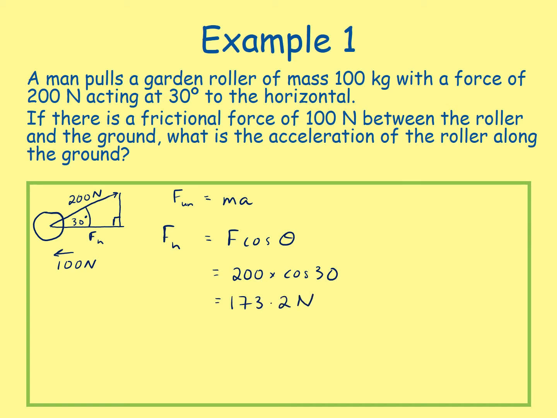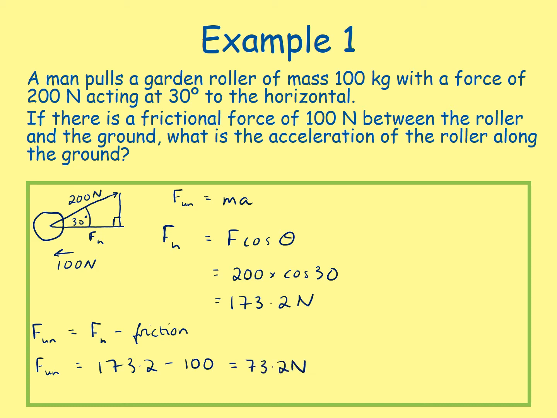We can now have a look at our unbalanced force. This is going to be equal to our horizontal force take away our frictional force because they're acting in opposite directions. So our unbalanced force is equal to 173.2 minus 100, which is equal to 73.2 newtons.